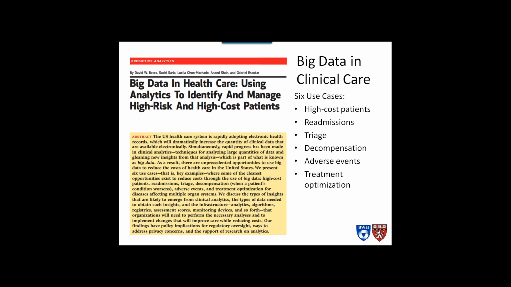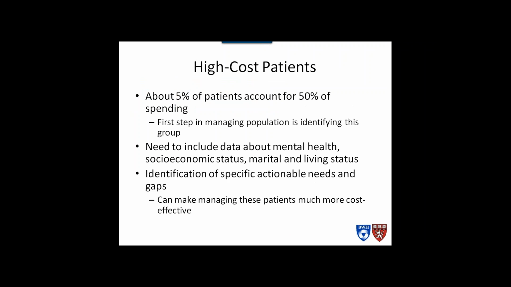We got together and identified this group of use cases, which I think are some of the most important in the near term, which can be used to improve care. The 6 use cases we identified were high-cost patients, readmissions, triage, decompensation, adverse events, and treatment optimization.